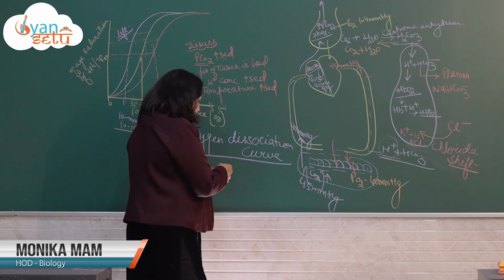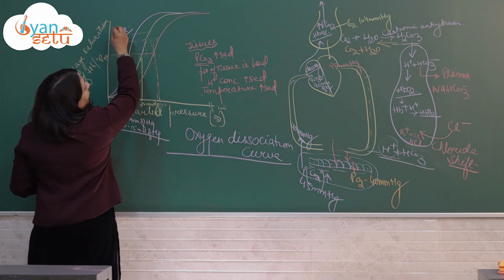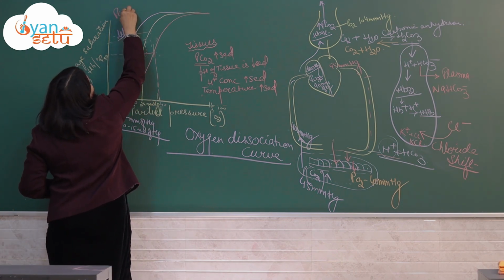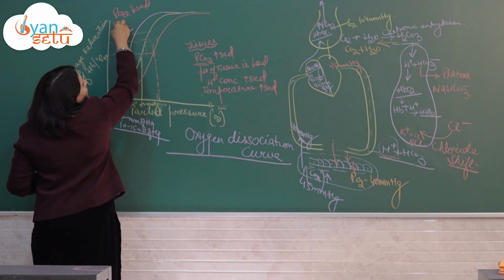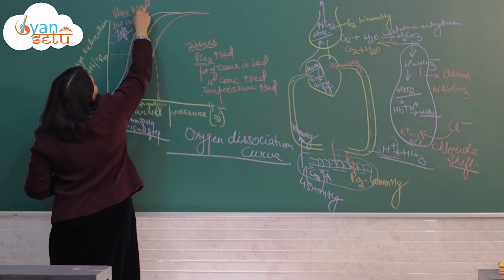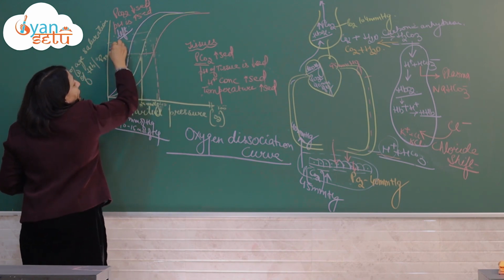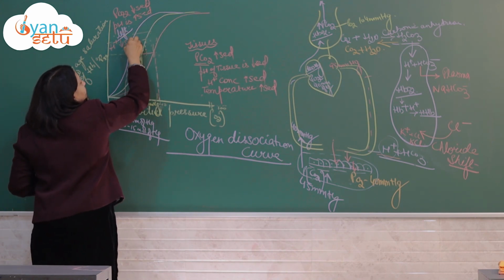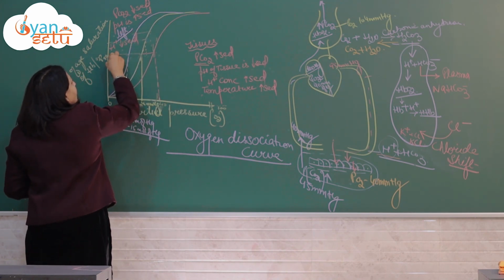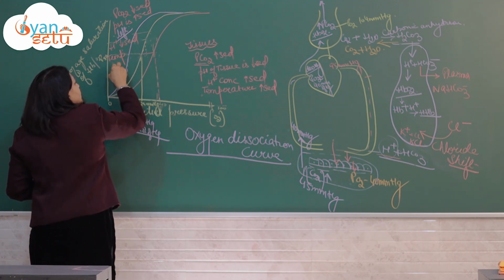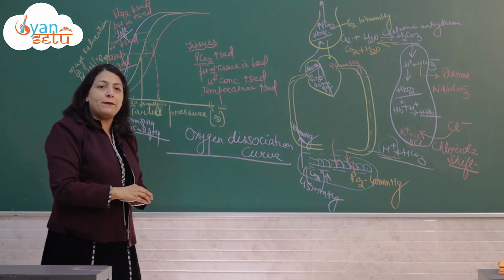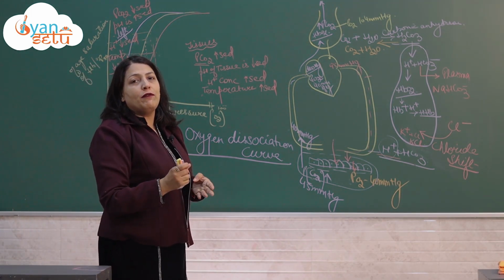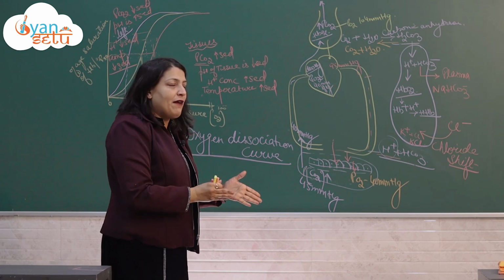So now in the alveoli, partial pressure of carbon dioxide is decreased, pH is increased, H ion concentration is decreased, and temperature is decreased. That is what is happening if your curve will shift towards the left side.